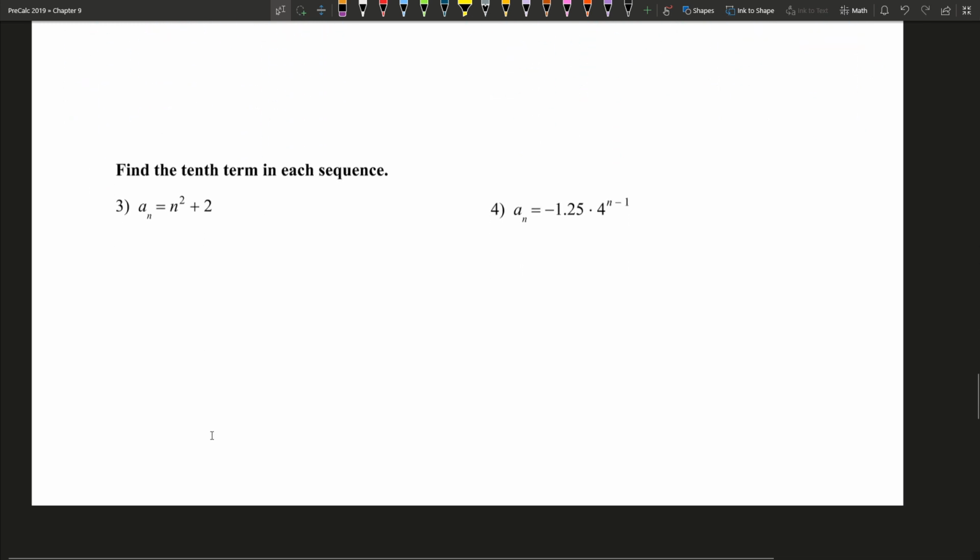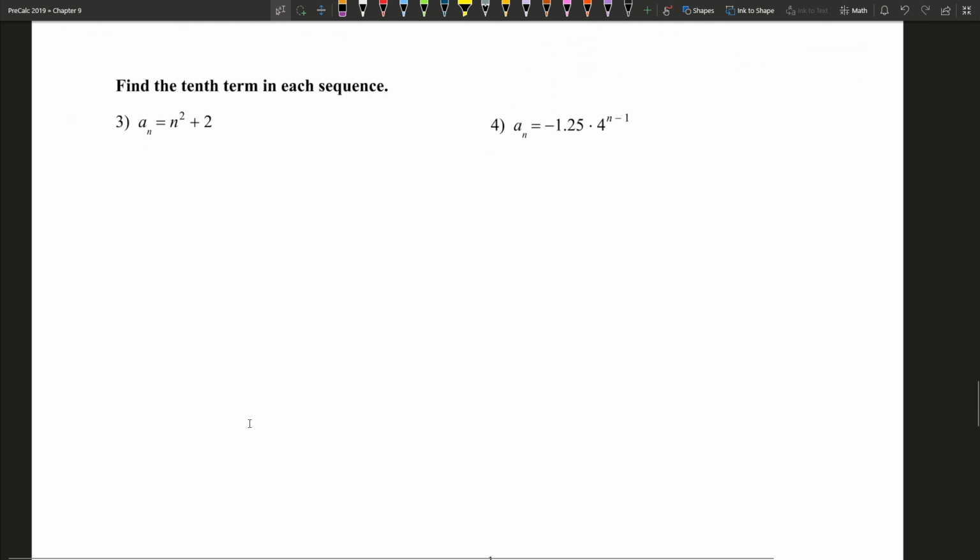All right, then find the 10th term in each sequence. This is going to stay the same. For these, we just plug in 10 for n.